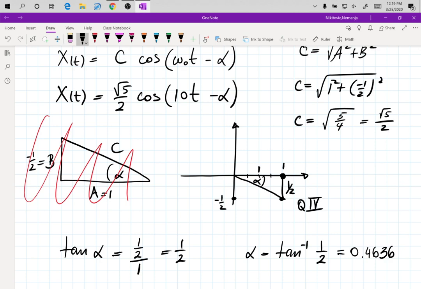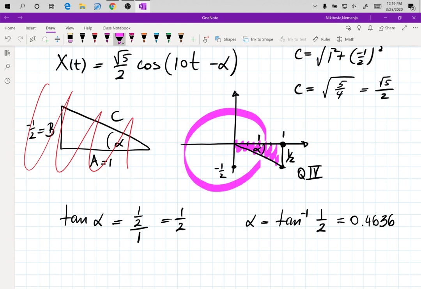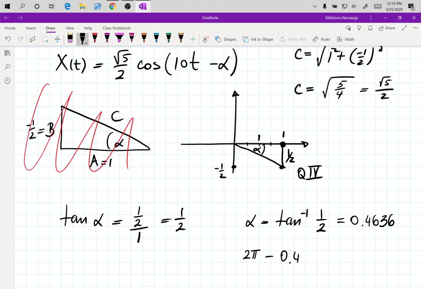And now you have to take that away from 2 pi, because you calculated the reference angle. You calculated this. But what you need is that. So we have to go 2 pi minus 0.4636 in your calculator.